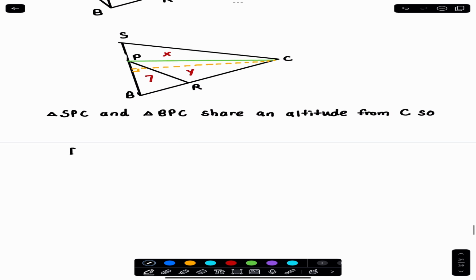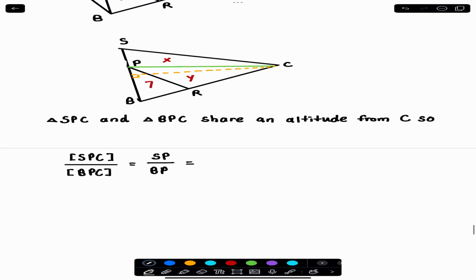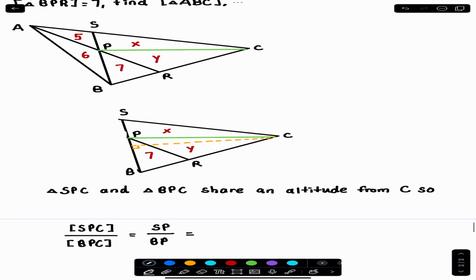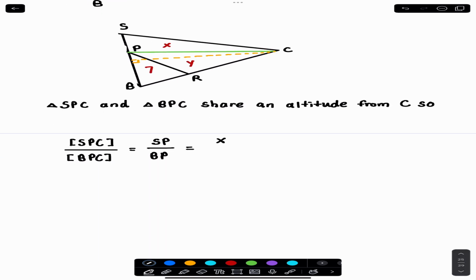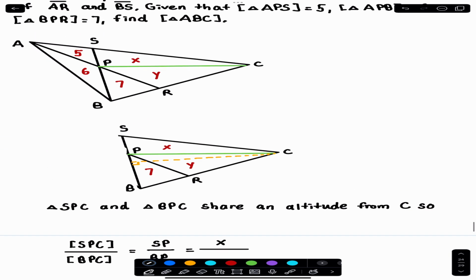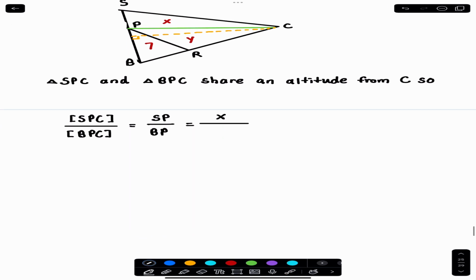This means that we can relate these two areas, which is SP over BP. So the area of triangle SPC we've called X. The area of triangle BPC is these two areas added up, Y plus 7.